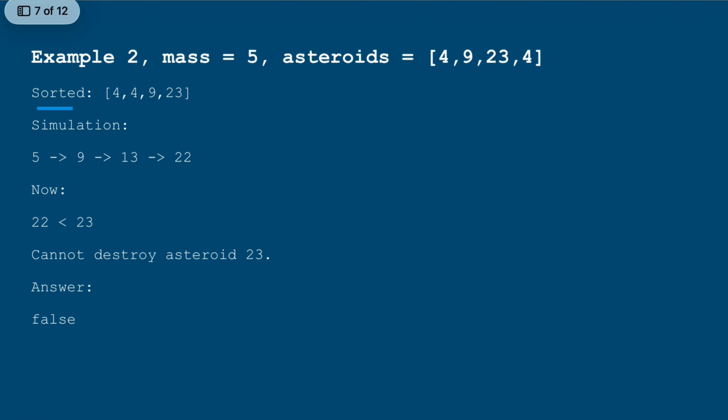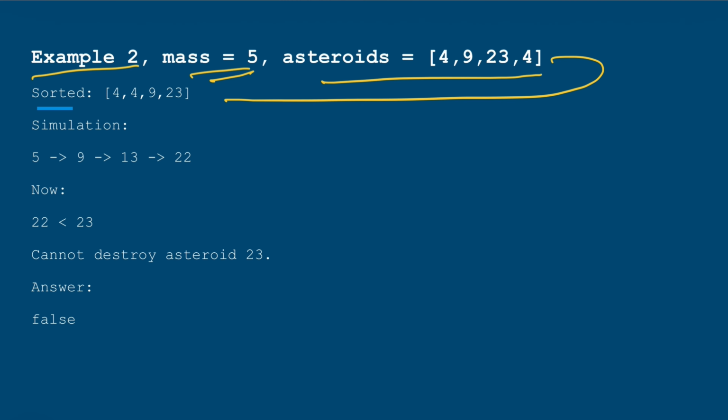Let's understand example 2, where we are given a mass and asteroids. The very first thing we do is sort them. Then we check the simulation: 5 is greater than 4, so the mass becomes 9.